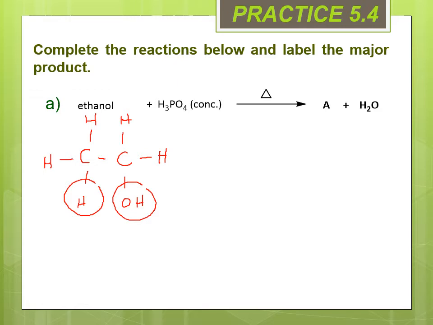Either way, it is going to form a double bond in between carbon number 1 and carbon number 2. So, what is the answer for this question? Ethene. Well done.